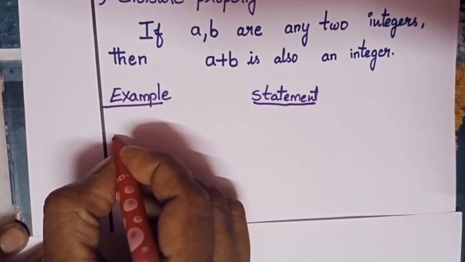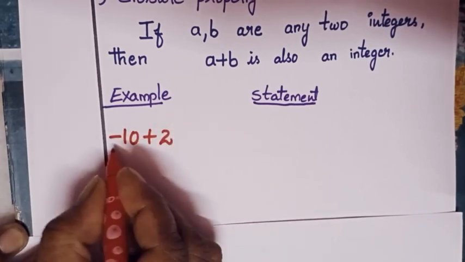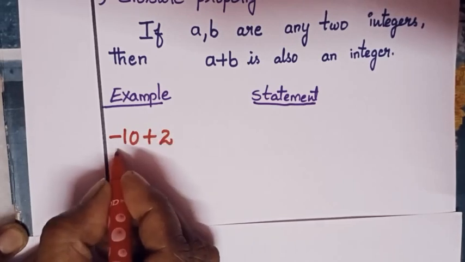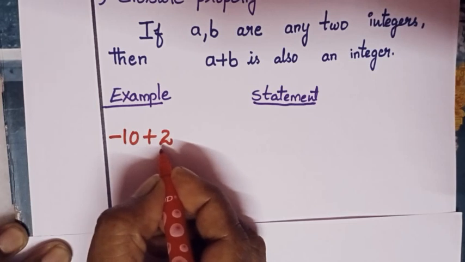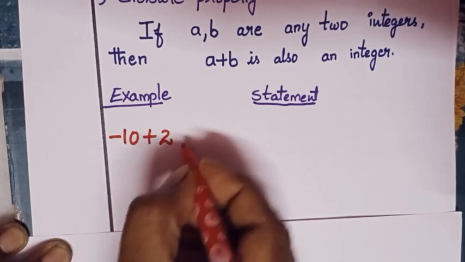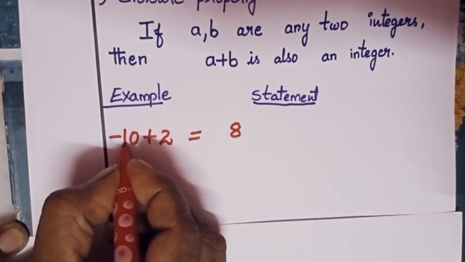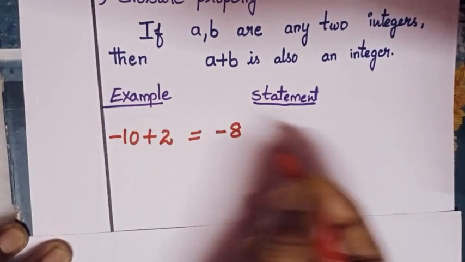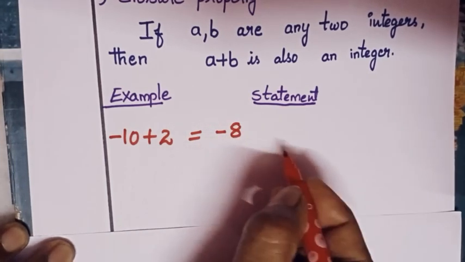First, minus 10 plus 2. Minus of plus, so we have to subtract. 10 minus 2, how much, children? 8. But the bigger number's symbol is minus, so we got the answer as minus 8. So minus 8 is also an integer.